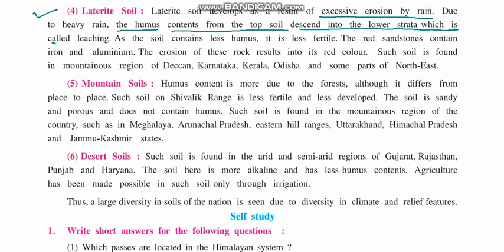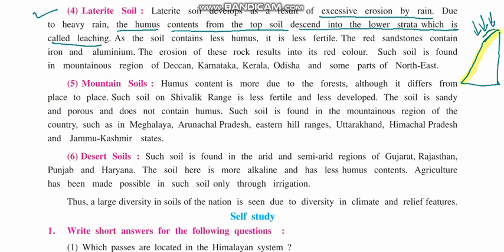Now what happens is, suppose this is a mountain, whenever there is a lot of rain, the top layer of the soil, just imagine this yellow color is the top layer, this yellow color will start flowing due to excessive rain.